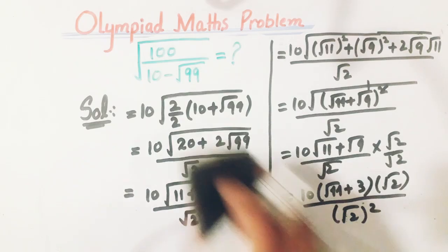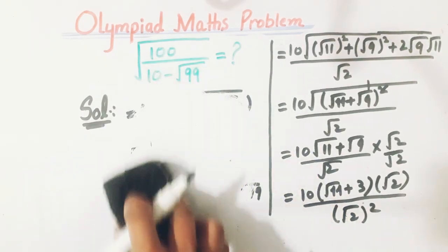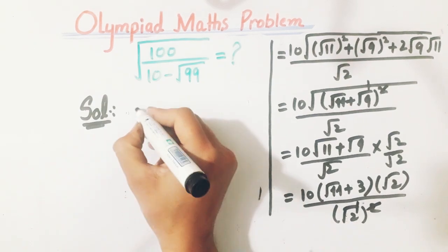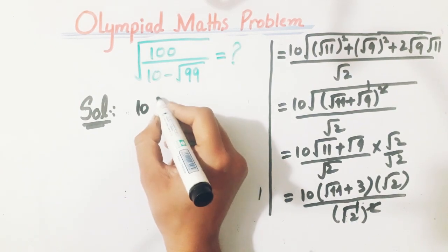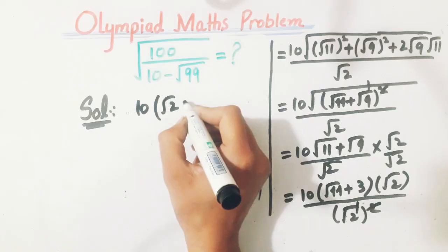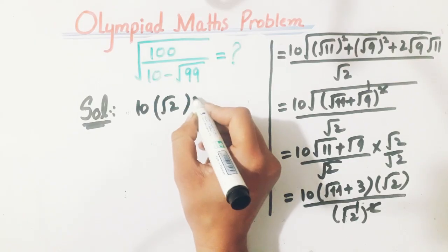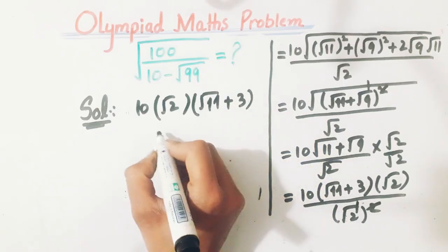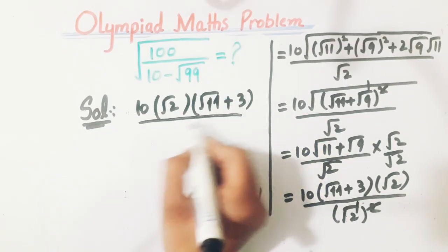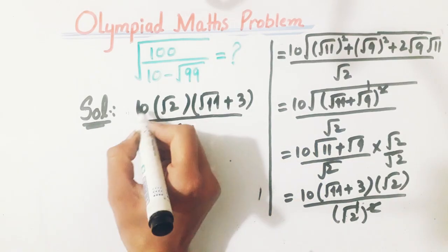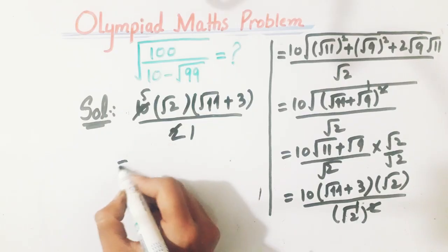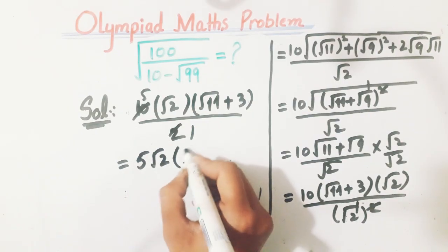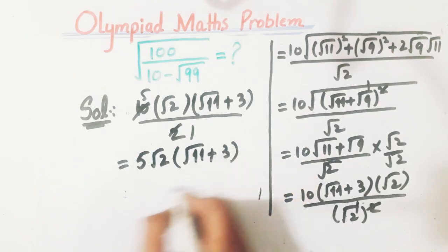In the next step, this square is cancelled out by this square root, and we have 10 into root 2 into root 11 plus 3 divided by 2. So 2 ones are 2, 2 fives are 10. So we get 5 root 2 into root 11 plus 3.